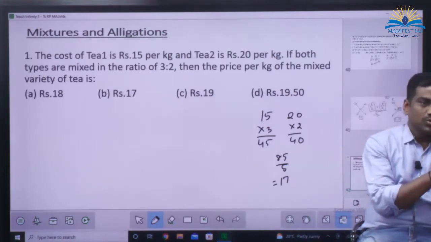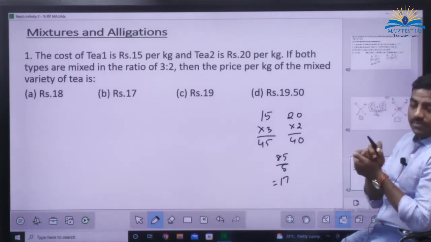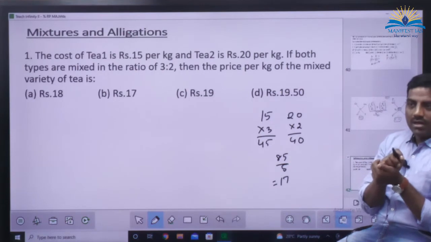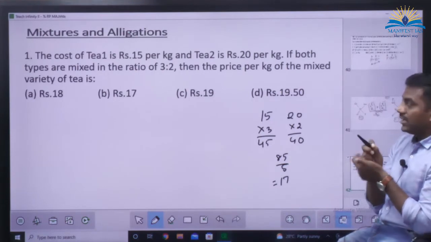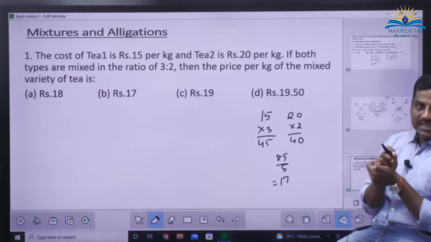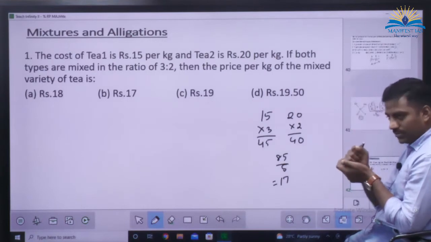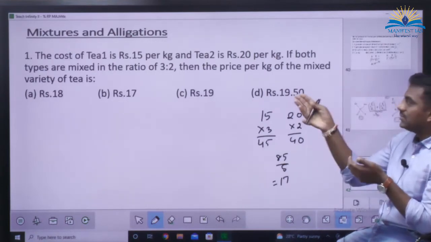Yeah, 3:2. Is it difficult? From the very outset, that is 3:2. That is, the cheaper goods is more, right? In this ratio, cheaper goods is three times, here 2 times.